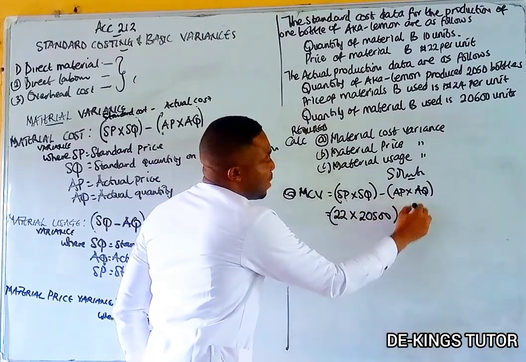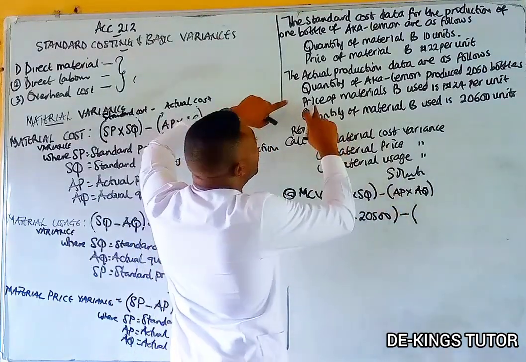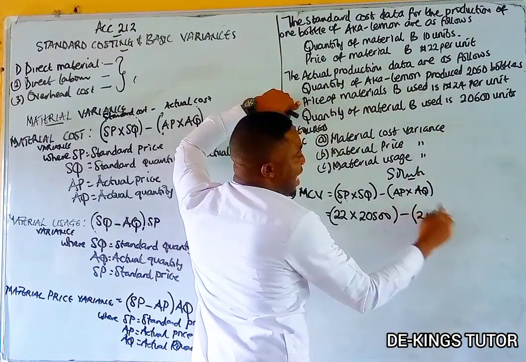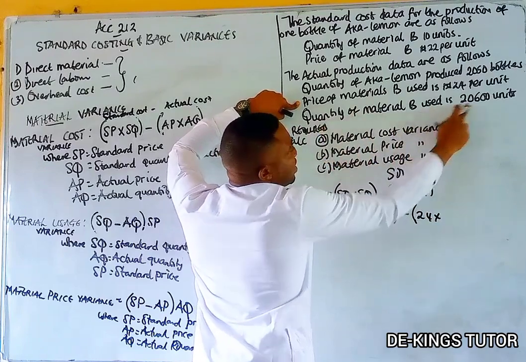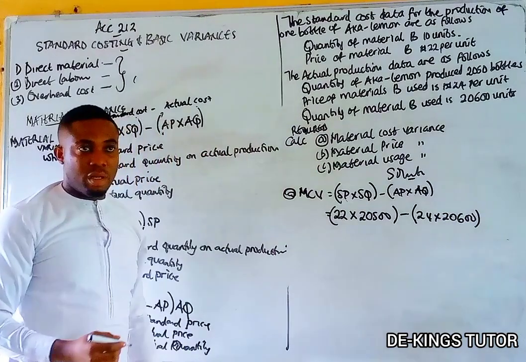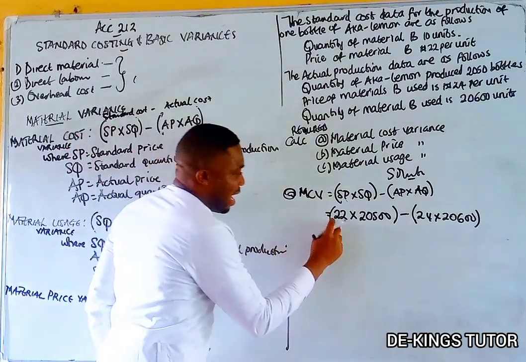Minus what's the actual price? This price of material B is 24 times what's the actual quantity? 2,600. So we now have 22 times this.